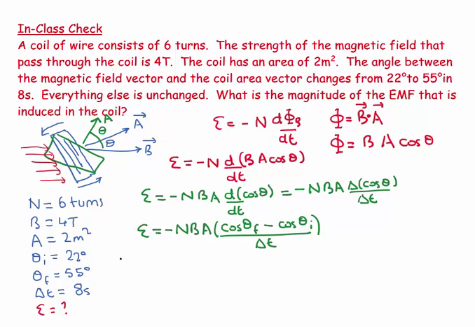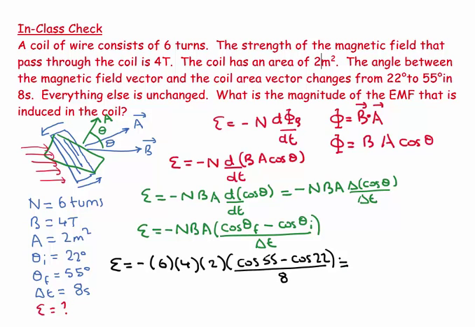Now I can put some numbers in. So my EMF is equal to minus N is 6, B is 4, A is 2, times the cosine of 55 minus the cosine of 22, over 8. And just a word of caution here.